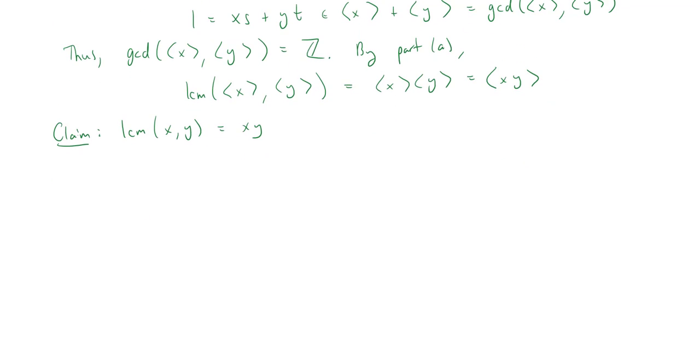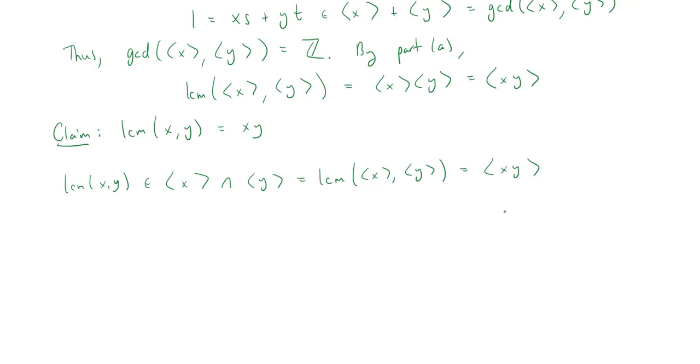So we observe that the least common multiple of x and y is a multiple of x and y. Since it's a multiple of x, it's in the ideal generated by x. But it's also a multiple of y, so it's in the ideal generated by y. But the intersection of these two ideals is precisely the definition of the least common multiple of these two ideals, which we know is equal to the ideal generated by xy.